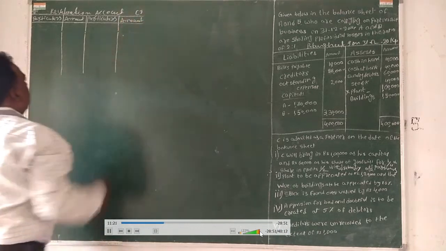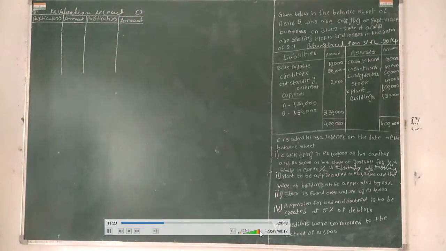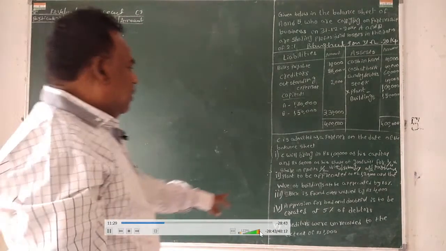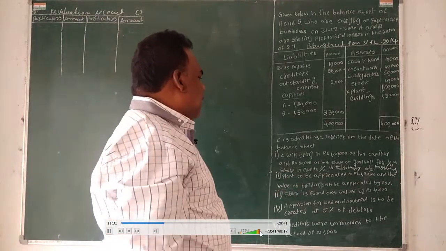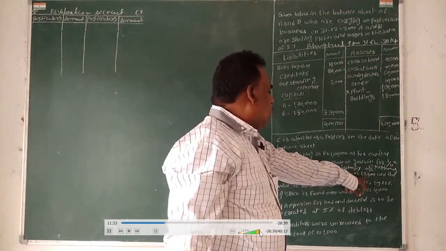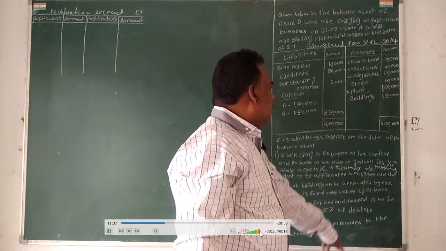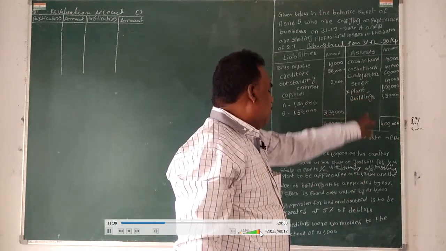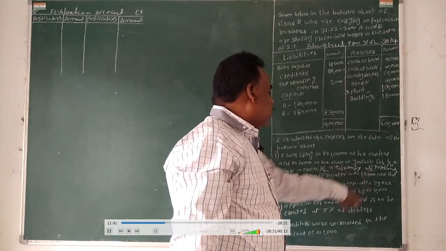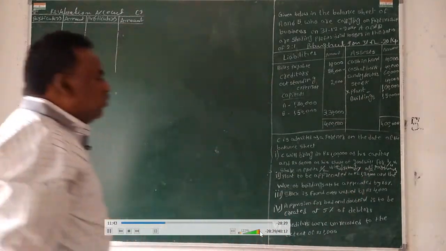By plant 20,000. Old value 1 lakh, it was raised up to 1,20,000. Similarly, the value of buildings is to be appreciated by 10%.